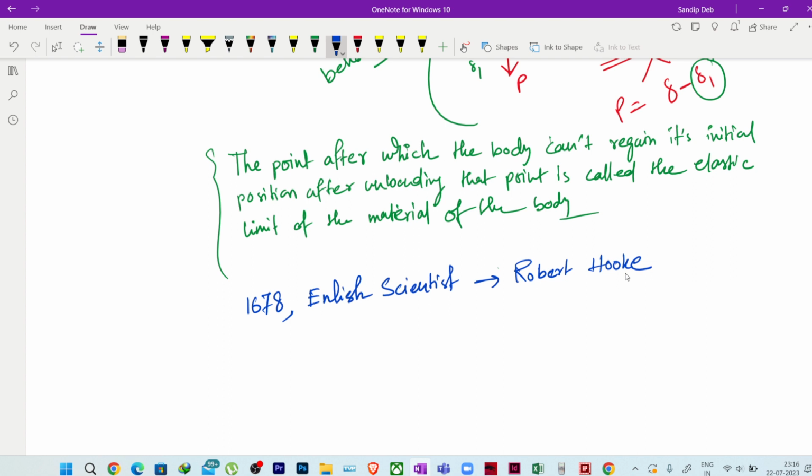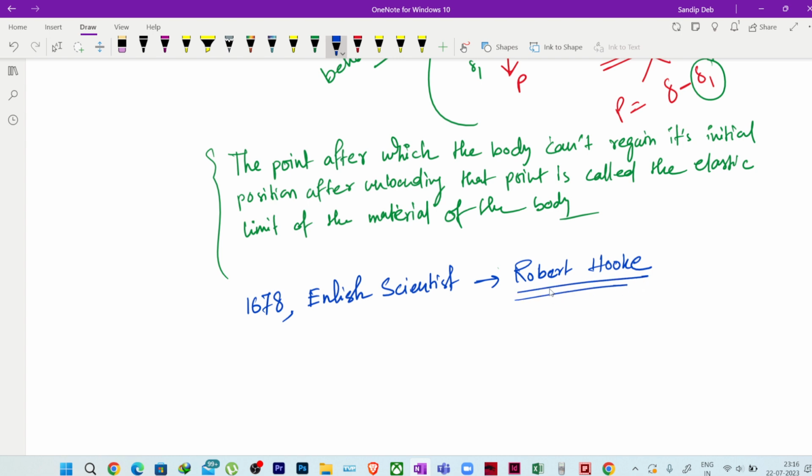If you increase the applied force, the elongation will increase linearly. So this simple linear equation was first observed by the English scientist Robert Hooke in 1678.